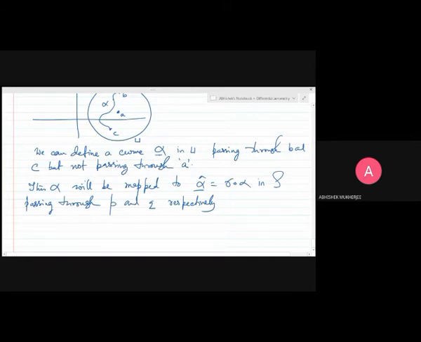But since the curve alpha misses the point A, the image of this curve under sigma will miss the point 0, 0, 0, which is impossible, right?